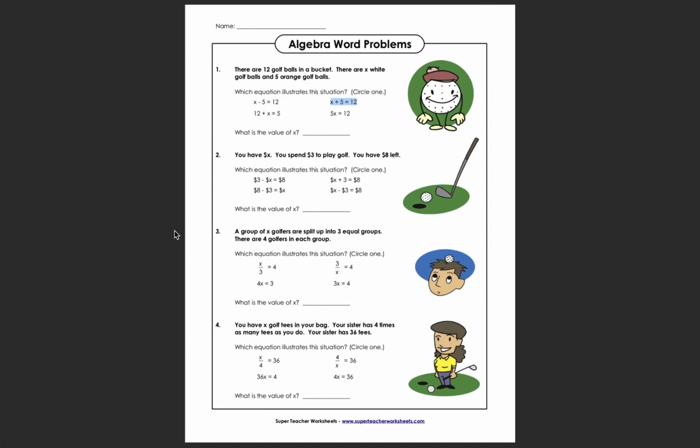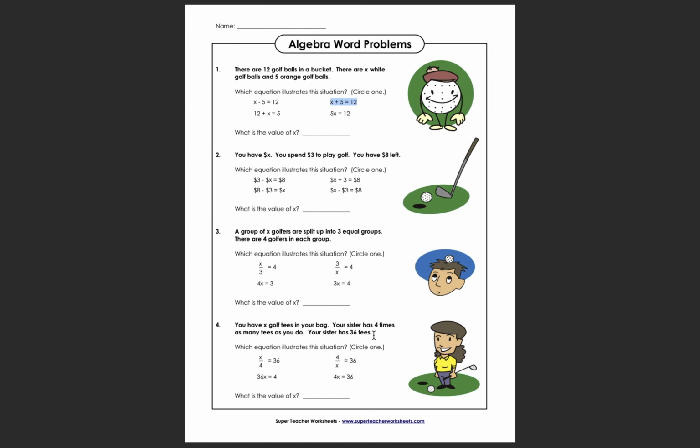Let's do one more problem. Number 4. You have X golf tees in your bag. Your sister has 4 times as many golf tees as you do. Your sister has 36 tees. So, right off the bat, I know my answer has to be 36 because that's the final amount.